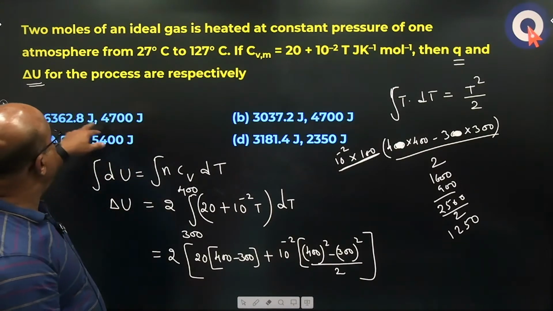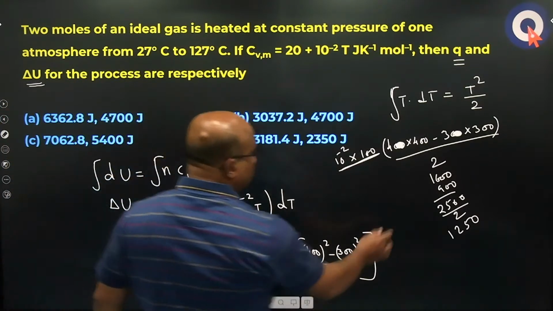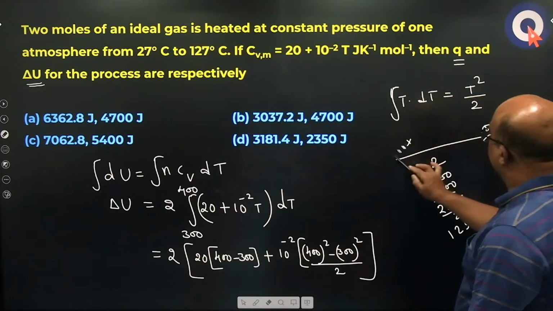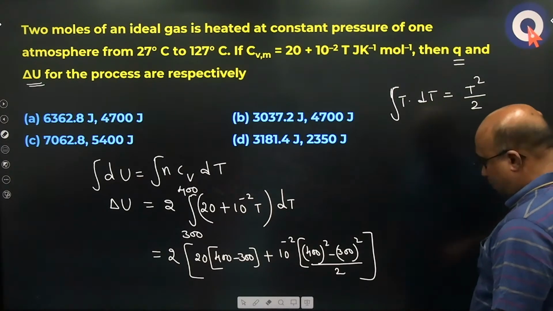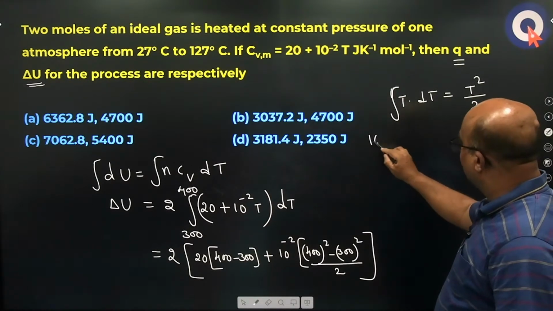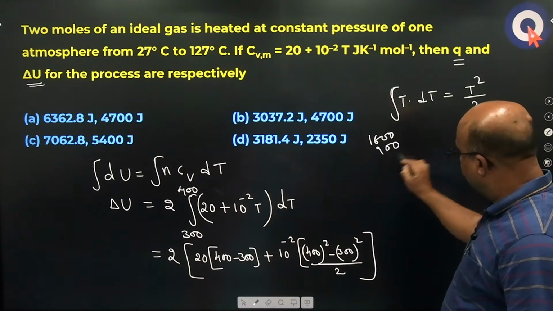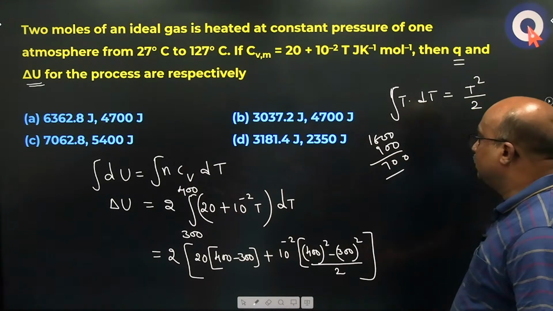Next, for calculating the Q, sorry, what we have done is 1600 minus 900. So this is nothing but 700, that is what we missed.